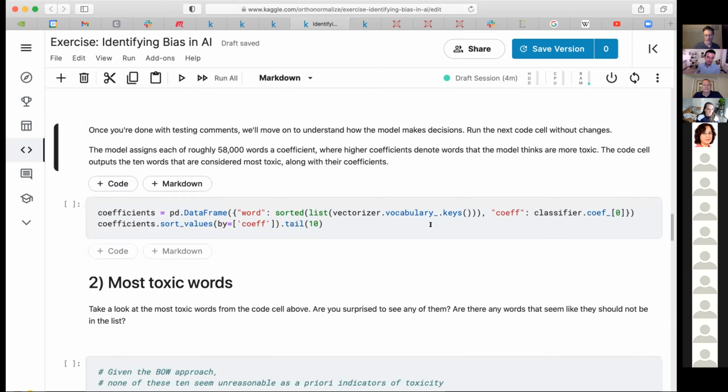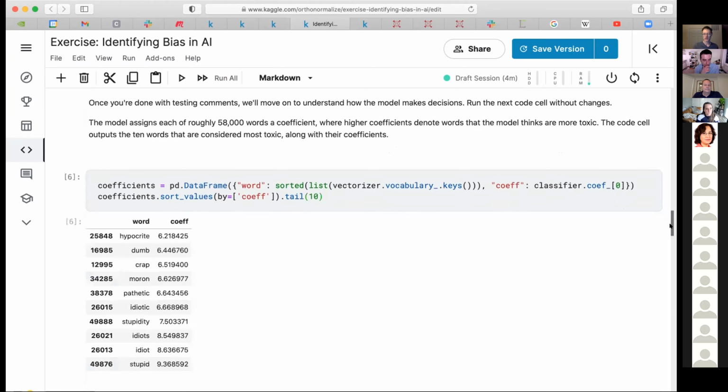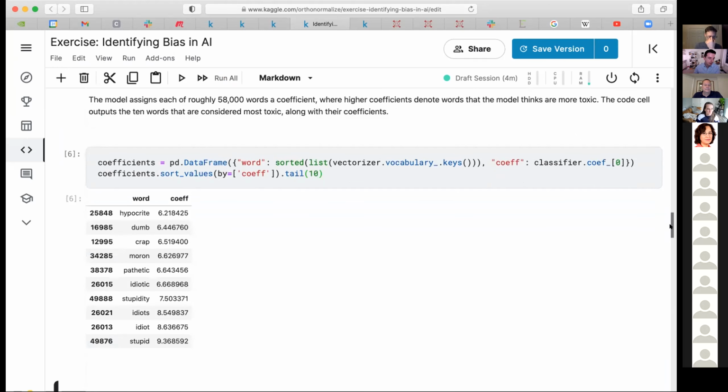Let's see. So then they print out the list of the 10 most toxic words. This was an interesting one. Yeah, I did think this was interesting. First of all, they're sorted so the most toxic word here is at the bottom. So the bottom 5 words really only contain 2 different words.